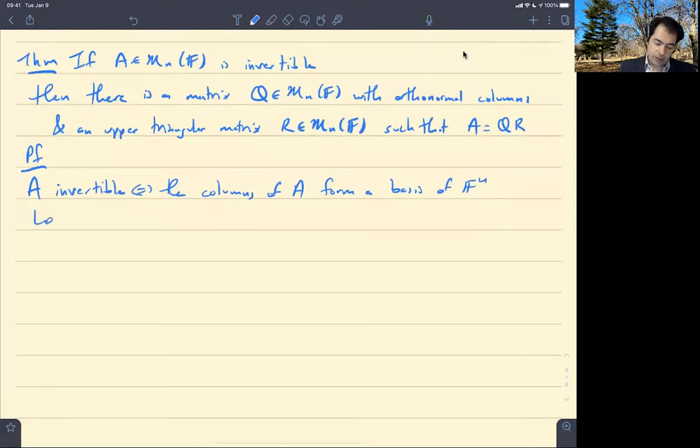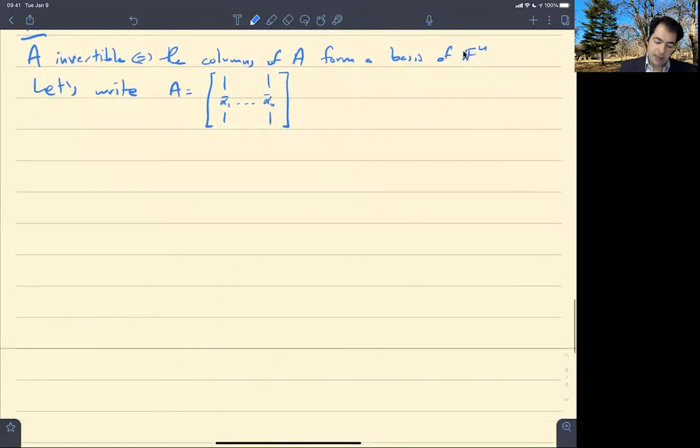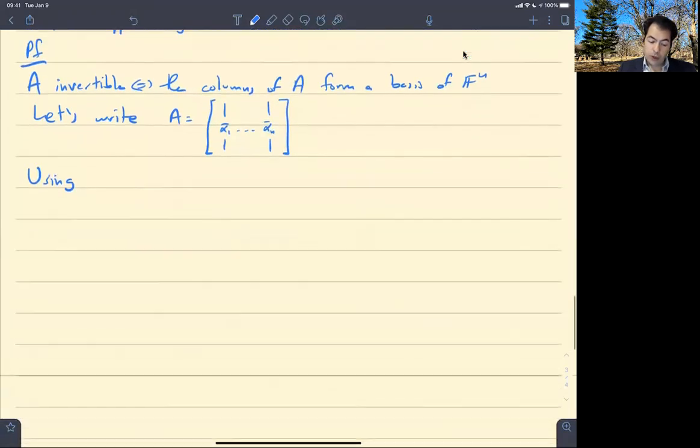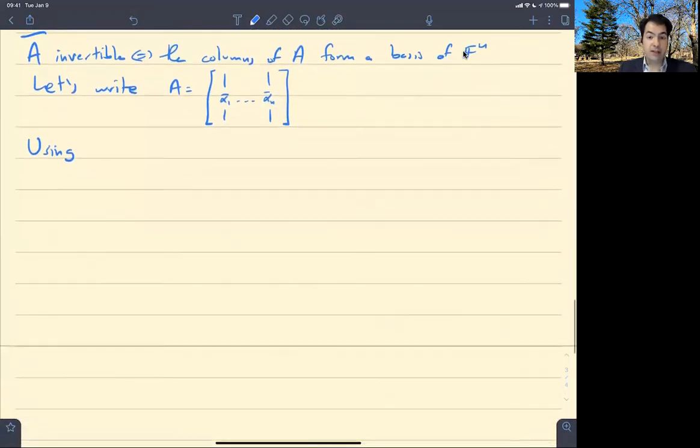Let's write A as the matrix whose columns are alpha 1 through alpha n. Now, I want to find this matrix Q whose columns are not just a basis of Fn, they're an orthonormal basis of Fn. And I start with a basis.